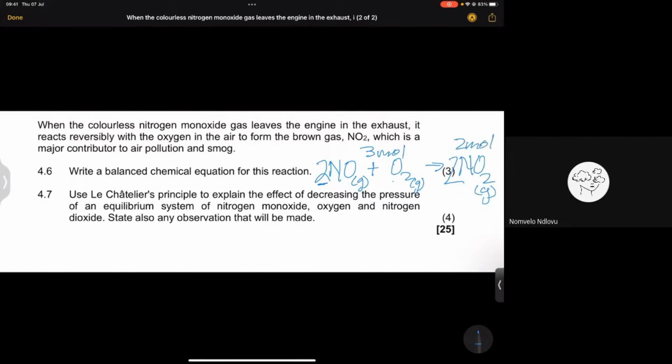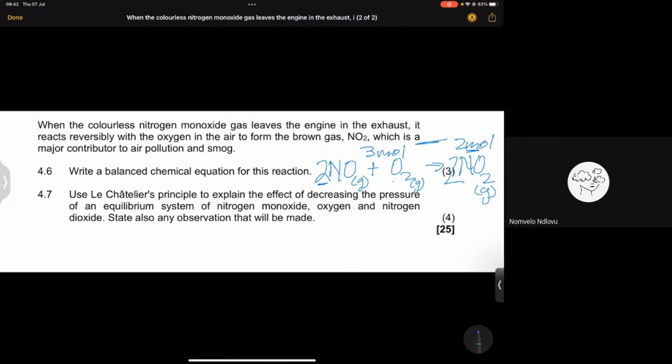Now in this case, when we decrease pressure, remember we said when we increase pressure, we're going to favor the side with fewer moles. But when we decrease pressure, of course, it's going to be the opposite. So we are going to favor the side with a greater number of moles. A decrease in pressure says, look, we've got more space, so we can accommodate more moles.